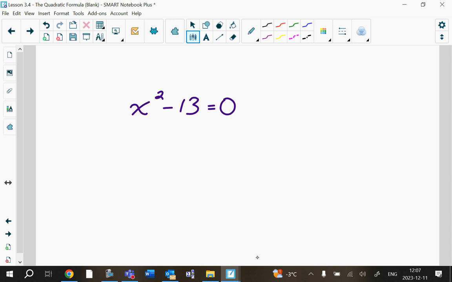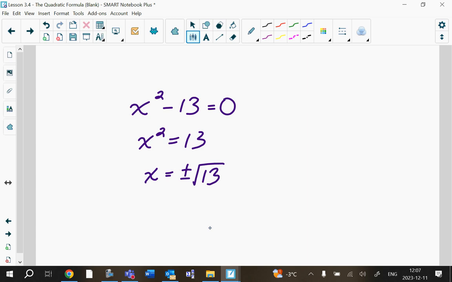Yeah, to factor or use the quadratic formula. Otherwise, we do what? The plus minus square root. Get x squared by itself, then take the positive and negative square root of both sides and simplify it if you can. Can you simplify root 13 at all? No. So we're done. That's not an efficient one to use the quadratic formula.